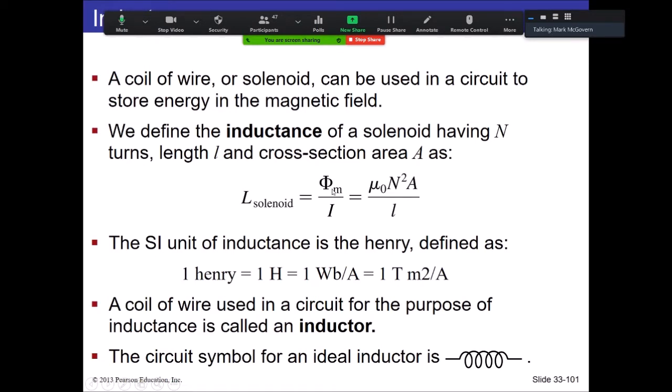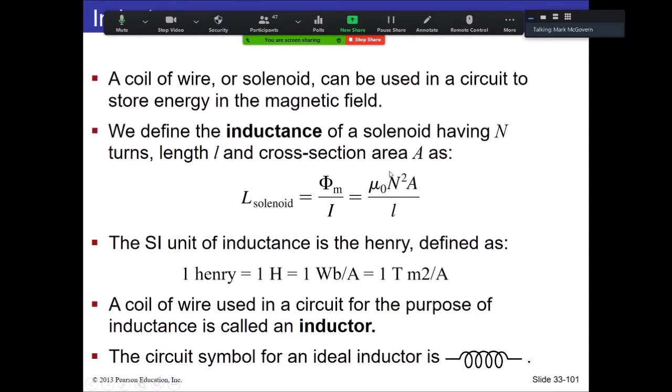Magnetic flux can be specified as magnetic field times area. The magnetic field of a solenoid, we've worked out what that was. That's mu n times I, right? And so we combine those ideas together.